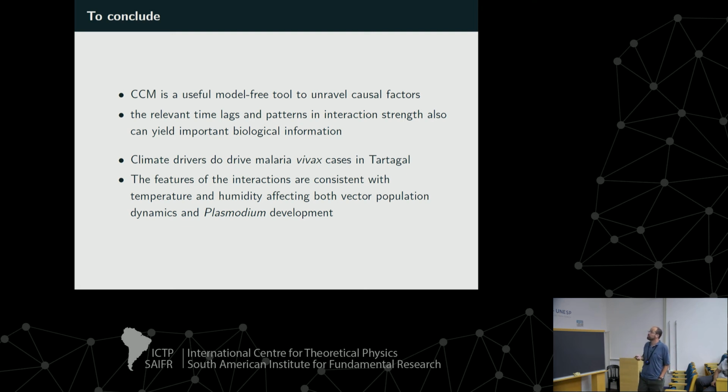About malaria vivax in Tartagal, okay? We see that this does happen as more or less expected, okay? So this is not very, very surprising. And we also find that we can relate this. I didn't do this in a very detailed way.